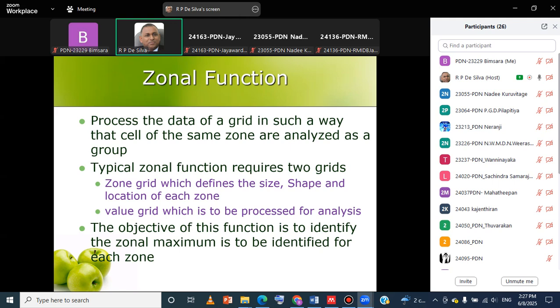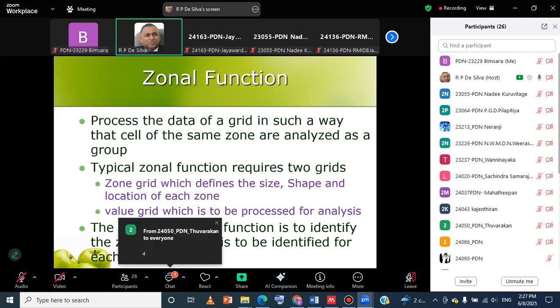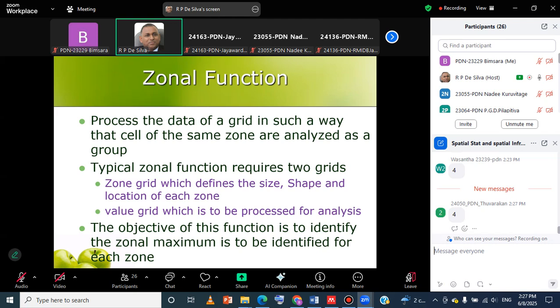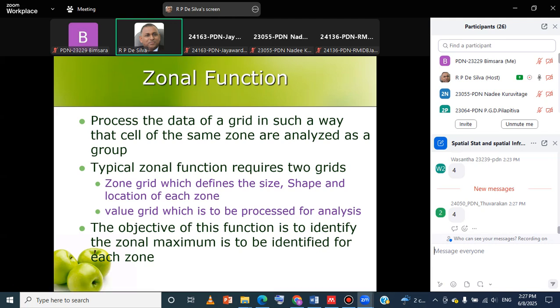So a typical zonal function requires 2 grids. One is the zone grid, which defines the size, shape, and the location of each zone. The other is the value grid, which is to be processed for analysis. The objective of this function is to identify the zonal values so that we can get an idea about the zone. Right?